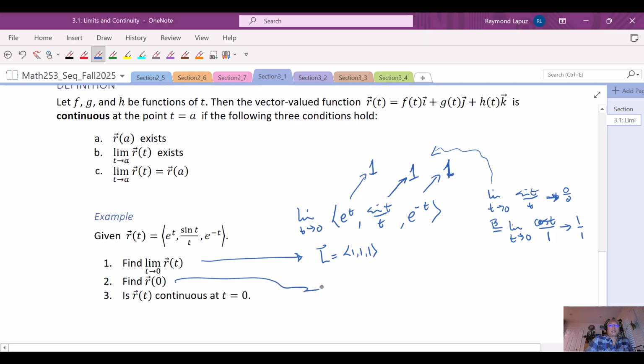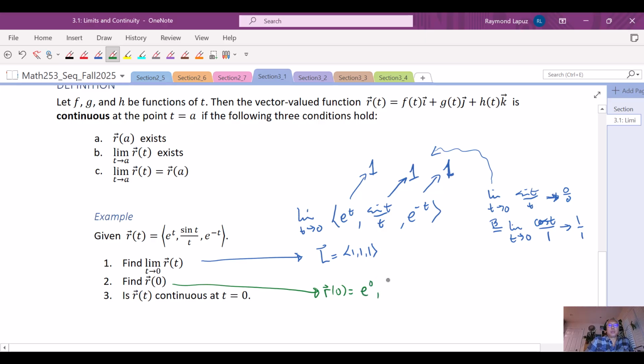Now we want to know if the function is defined at that point. So let's take a look at the function and imagine putting 0 in for t. So e to the 0 is just going to be 1.